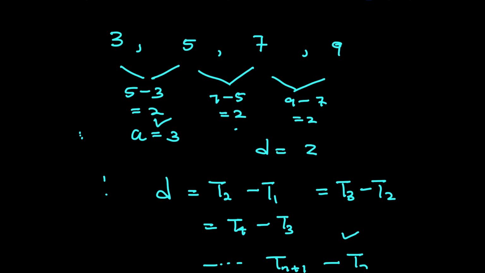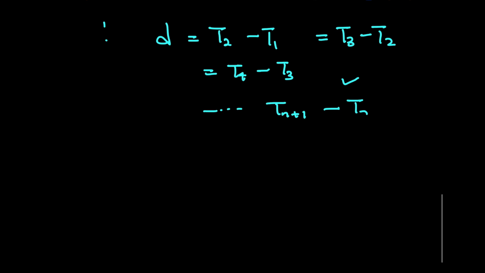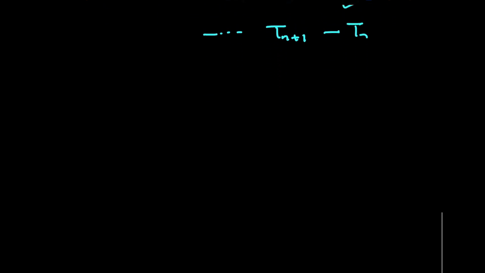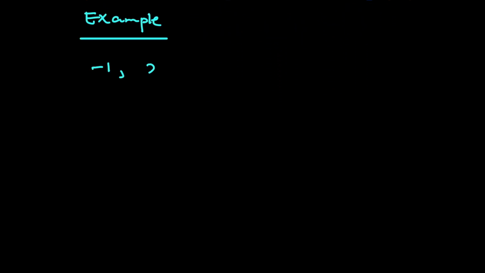Okay, so we're just going to do a quick example here, just to seal everything up. -1, 2, 5, 8, 11, 14, and this continues. The first thing we're asked here is to find the nth term of this sequence.